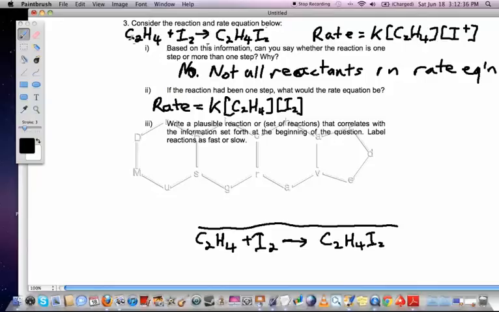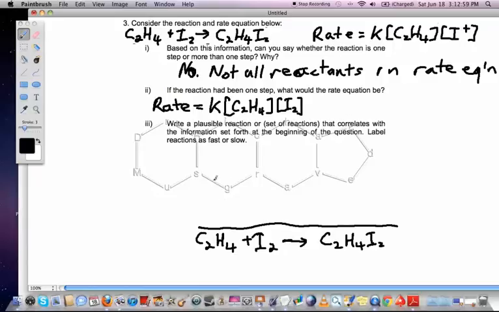It has to be exactly in here. There's no I+ anywhere in the reaction. So what that means is that the I+ must be formed in some other step down the line. So that tells me that the slow step must not be the first step. And again, it's because I cannot pull whatever's in the rate equation from the actual initial reaction.